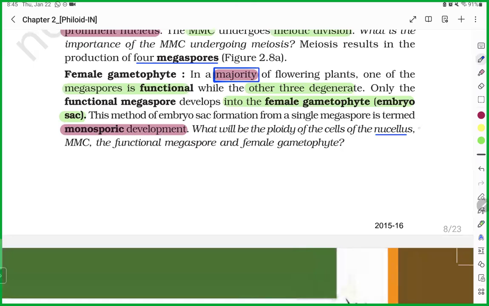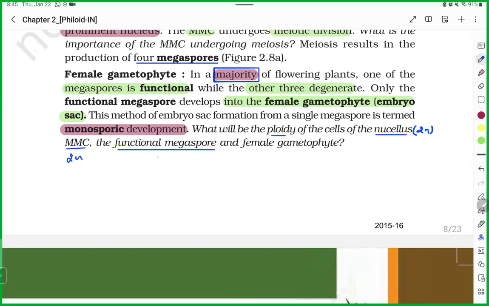Sir, 2N. Very good. Now MMC. Sir, 2N. Now the functional megaspore. Can you repeat the question? I wasn't able to hear you. Functional megaspore ploidy.